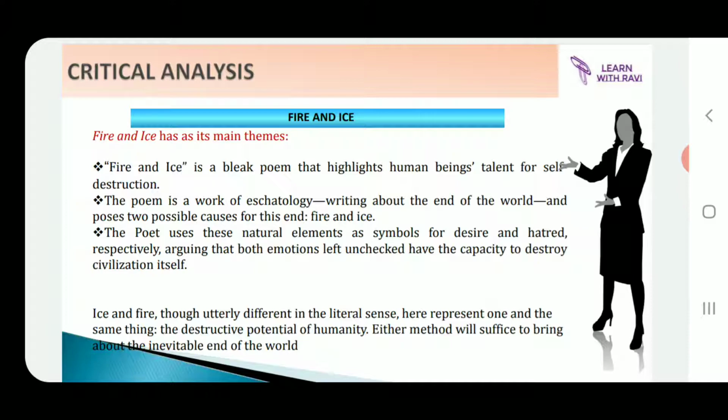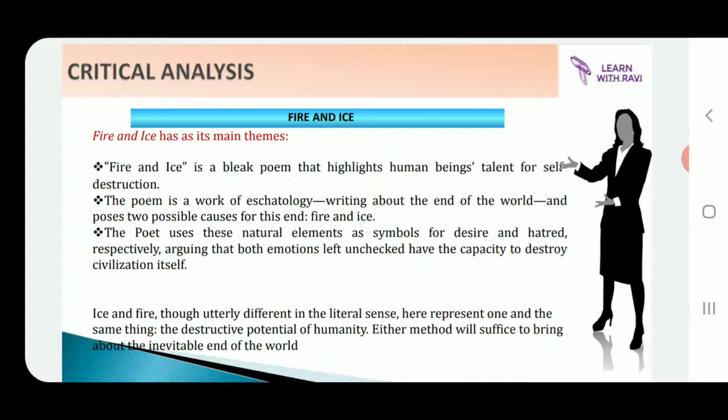The poem very artistically underpins the philosophy that we let our emotions rule us, and if we don't control them, they will surely destroy everything around us. Similarly, Robert Frost thinks that fire and ice are both just as competent in bringing the world to a catastrophic end. Together they can finish the world, or one alone is sufficient.